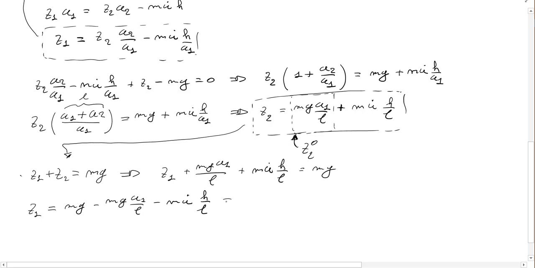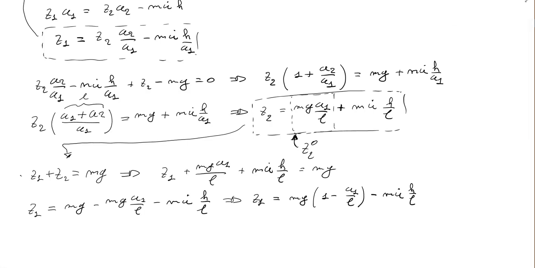Here what we have is zeta 1 will be equal to mg (1 minus a1 L), and now let's solve this little part.